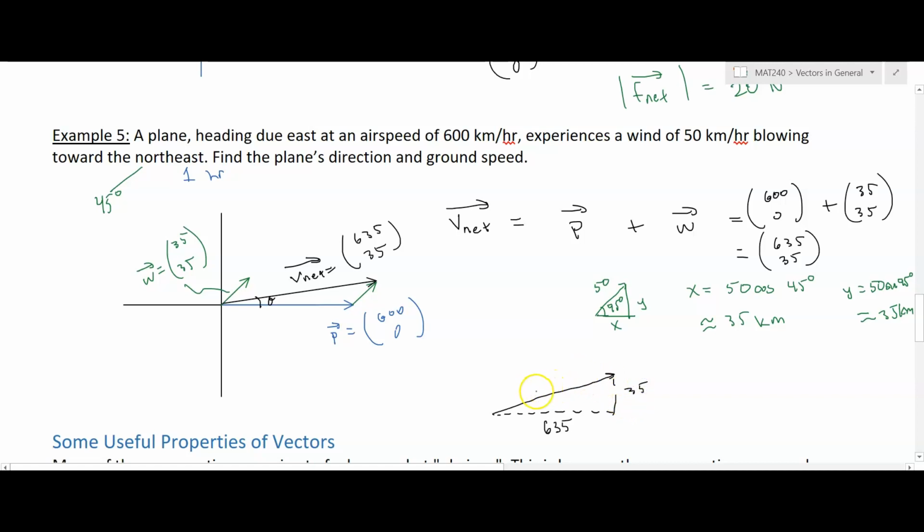And what we want to know is what's the length of v-net, and we also want to know what is theta. So to get the length of v-net, to see how fast that plane is actually moving in the direction that it's going, we just have to take the square root of 35 squared plus 635 squared. And to get theta, we just take the arctan of opposite over adjacent, which is 35 over 635.